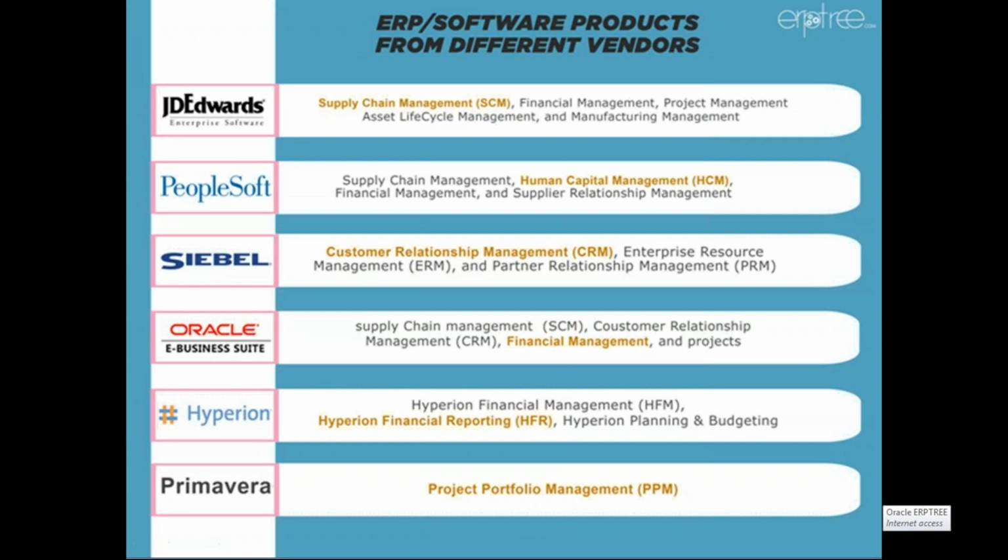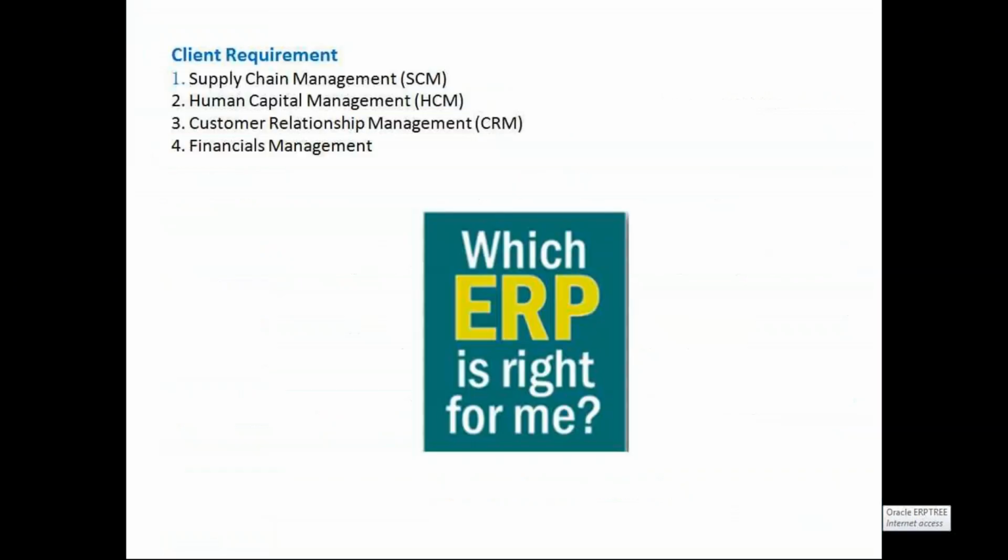Now the big challenge is if any company is going to implement ERP, okay, say this is their requirement. They want to implement supply chain management. They want to implement HCM, human capital management, which you may call HRMS, and they want to implement customer relationship management, which is CRM, in the same way finance.